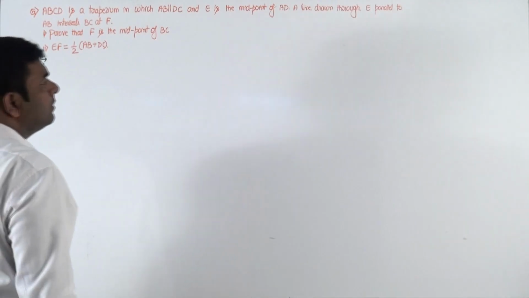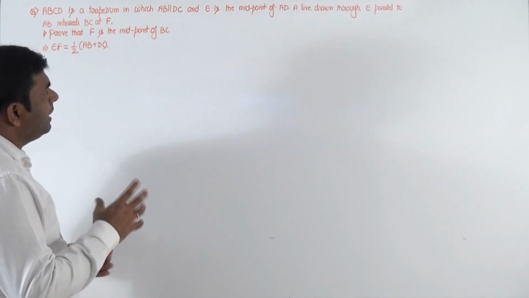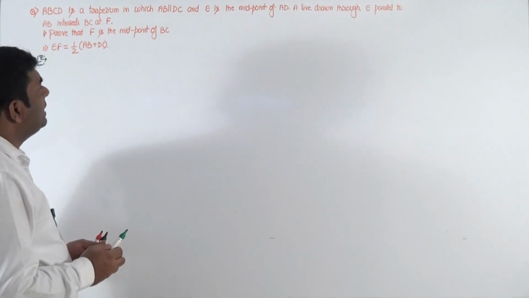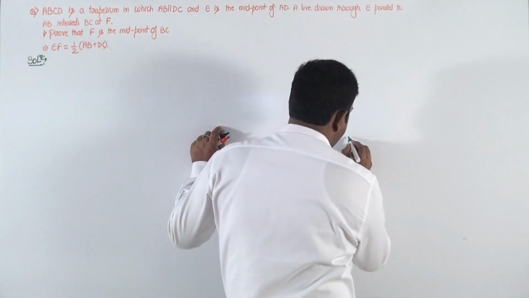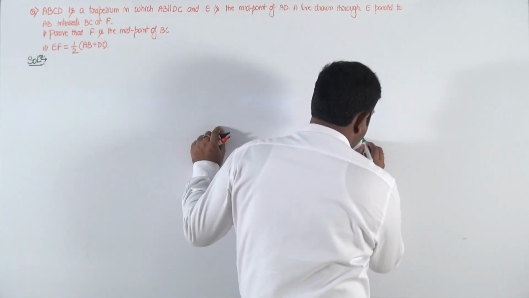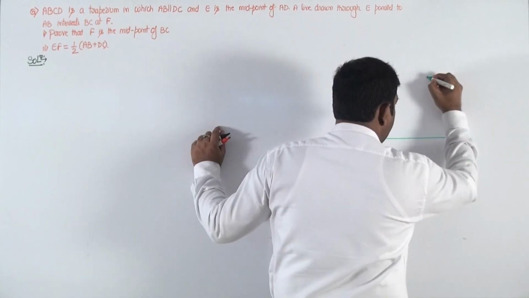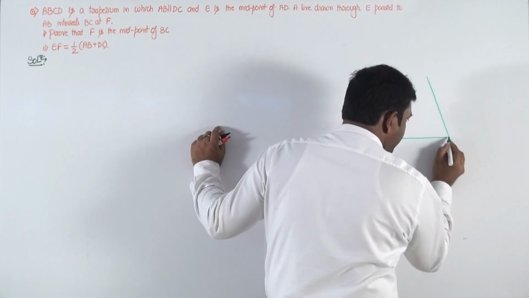This is the question. So first of all, let us draw the figure by understanding this numerical. ABCD is a trapezium in which AB is parallel to DC. It means somewhat like this. ABCD एक ट्रेपीजियम है.